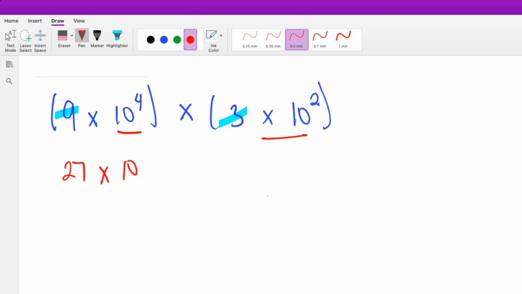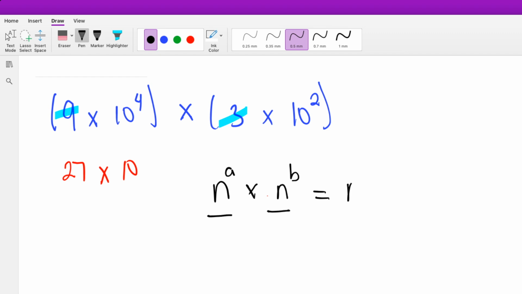And what do we do with these exponents? Well, I have not made a video on rules of exponents, but hopefully we've learned them in school, and I guess I should make a video on rules of exponents. So in case we don't know them yet, there's a little rule that says whenever we have a number raised to an exponent multiplied by another number raised to an exponent, the answer is going to be the same base with the addition of the exponents.